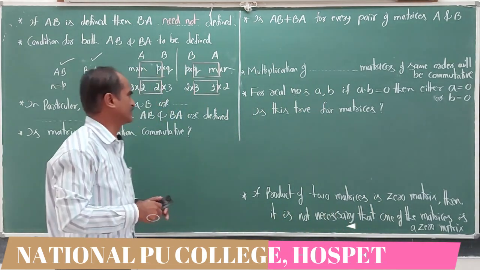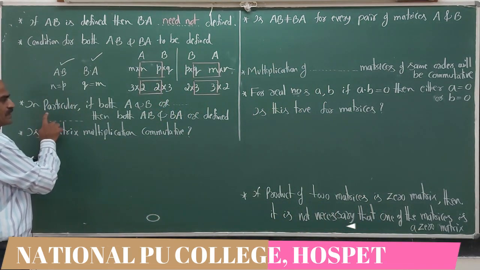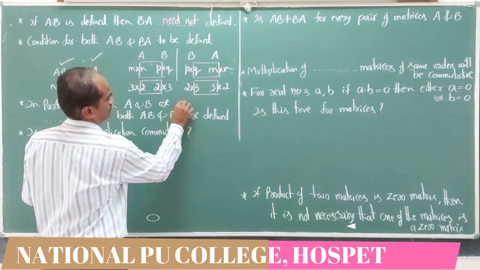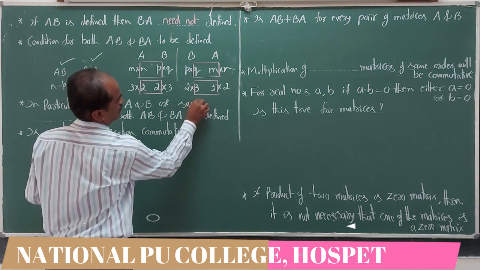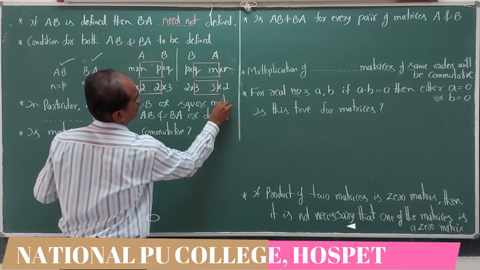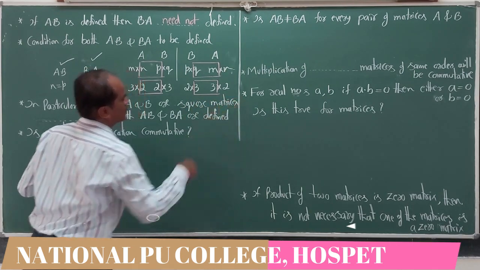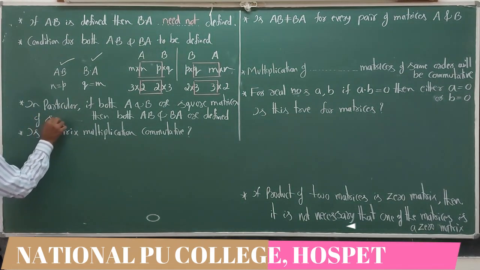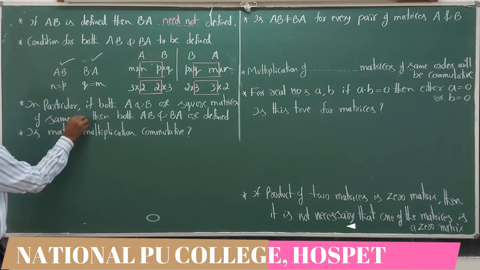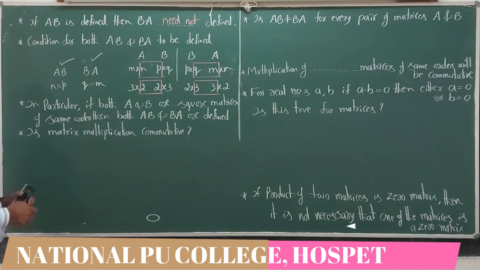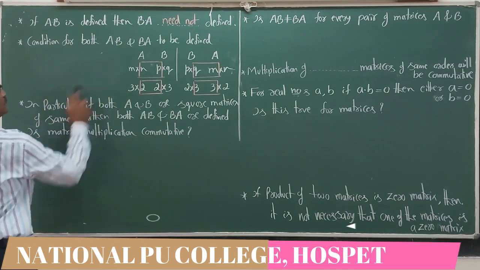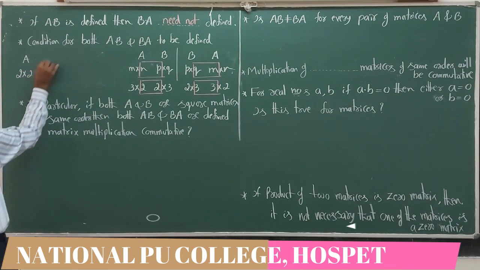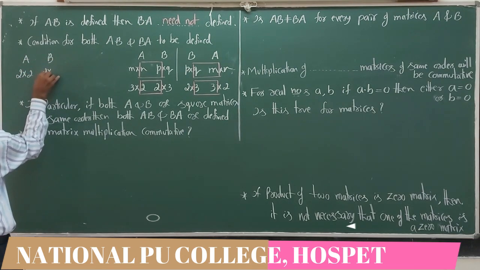In particular, if both A and B are square matrices of same order, let me take two square matrices, A 2 by 2 matrix, B 2 by 2 matrix.